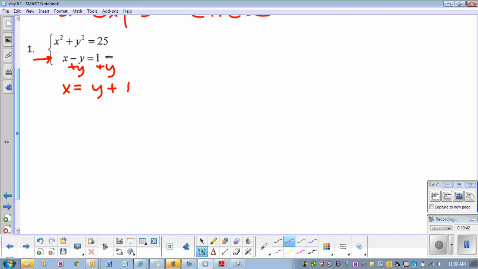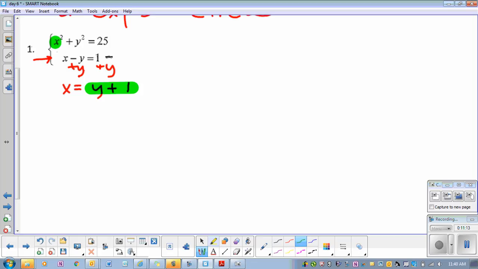Then you don't have any negative coefficients and you're good to go. When you're using substitution, you want to make one of them equal to just a variable. So now y plus 1 is equal to x. Then you want to take this and plug it in to the other equation. So since all of this is equal to x, plug it into the x in the other equation. Remember, you can't plug it into itself.